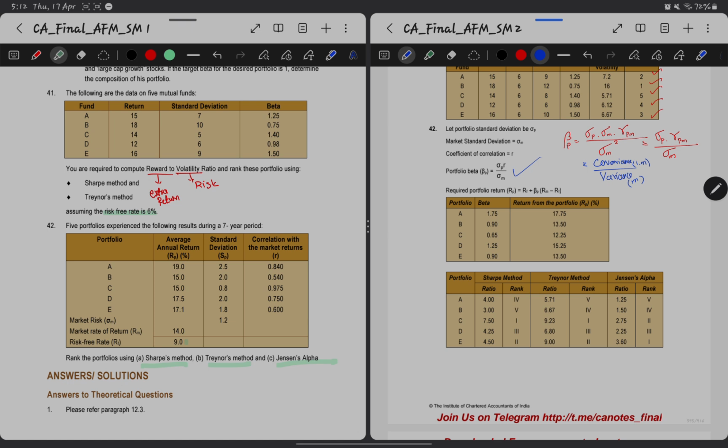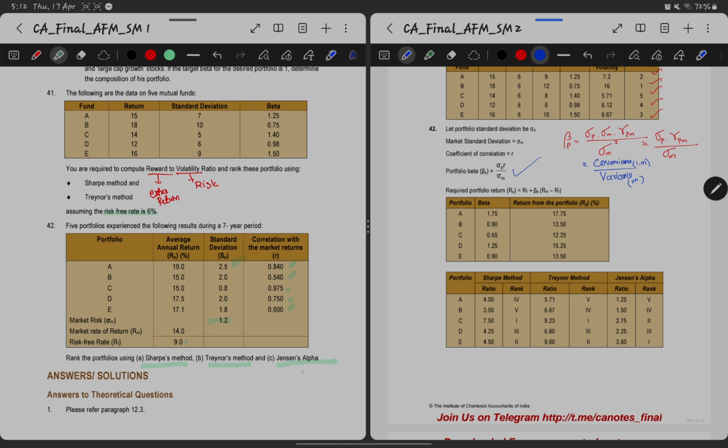So using this formula we can find out the beta for all the portfolios, as we have the standard deviation of the stock, the standard deviation of market, and the correlation coefficient of all the portfolios. So 1.75, 0.9, 0.65, 1.25 and 0.9 will be the betas.